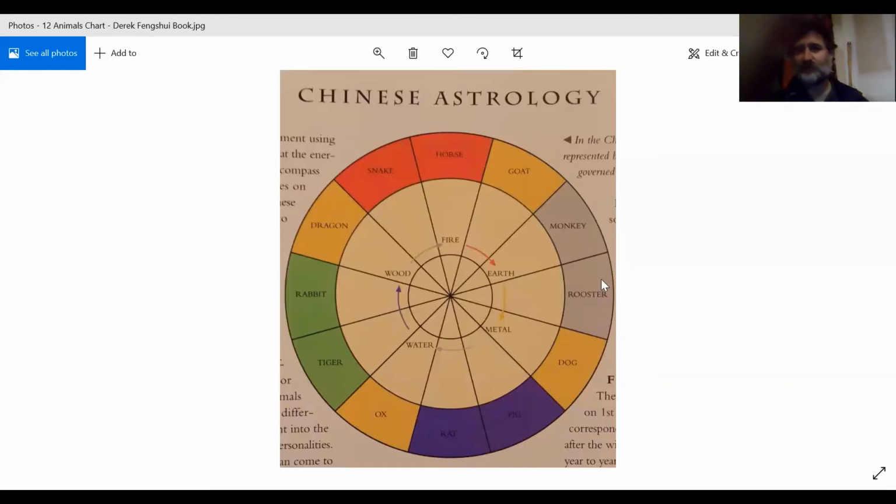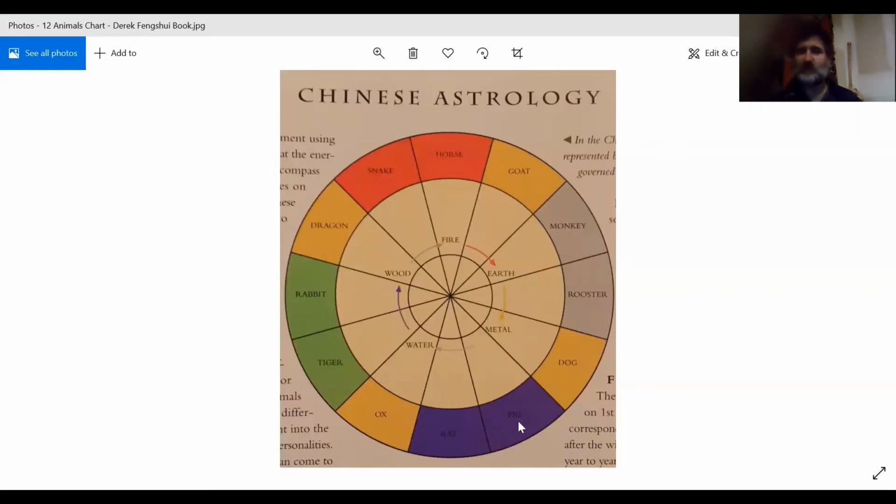Now we have earth. So earth, this is why I like this chart. Earth is not only after fire in the way that it is usually portrayed in traditional Chinese medicine. Earth is the central hub. It is that quality that transforms all elements, all elemental chi phases into one another.